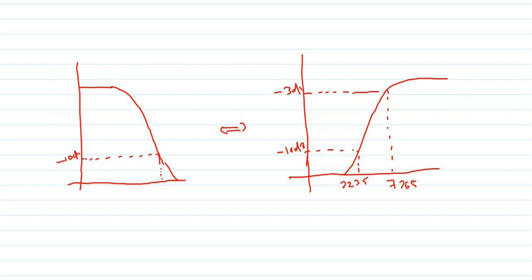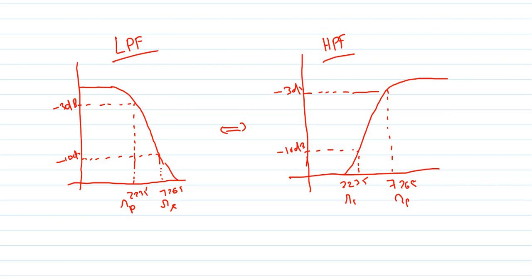It will be 7265, and this will become 2235, that is at minus 3 decibels. We'll take this as omega p and this as omega s. This is for the high pass filter, but to design the analog high pass filter, first we have to design the analog low pass filter, and only then can we convert that into a high pass filter.